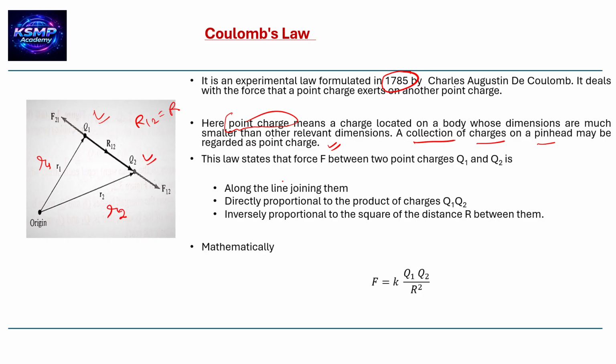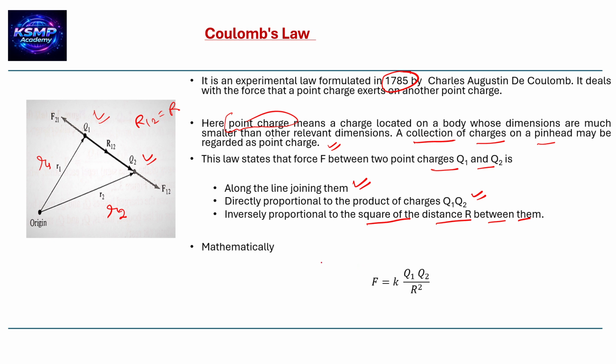According to this law, the force between the two point charges Q1 and Q2 is along the line joining them. The force is directly proportional to the product of the charges Q1, Q2, and inversely proportional to the square of the distance r between them.